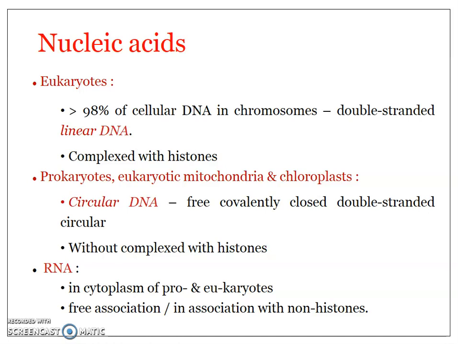So DNA may be either confined within the nucleus, as in the case of eukaryotes, or it may be found inside the mitochondria or chloroplast, again in the case of eukaryotes and specifically in the case of plants, respectively. And in the case of prokaryotes, if it is present, it may be in the nucleoid. Okay, so this is about the nature of nucleic acids found in different types of cells.